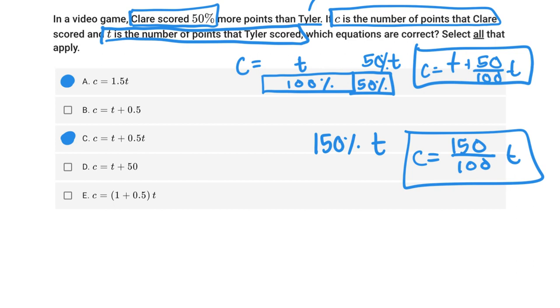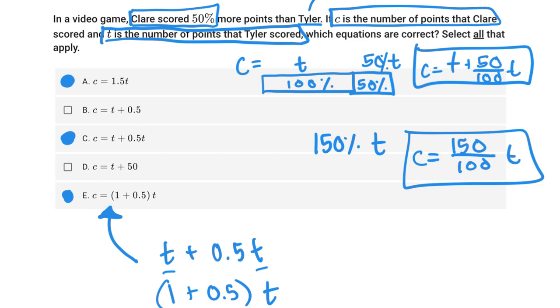There is actually one more question that works, and that would be E, because E is factored out. If you remember, if I have T plus 0.5T and I factor the T out from each spot, that becomes 1 plus 0.5, and then we can multiply T by that. So that's why E works the way it does.